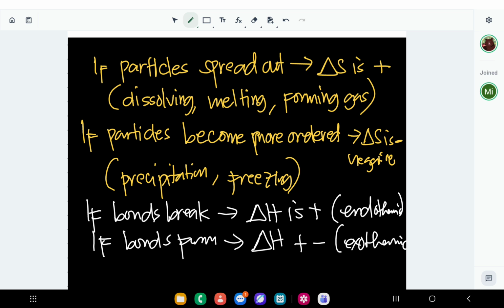But if the liquid freezes, from liquid to solid, this is opposite to melting. So delta S is less than 0 because it becomes compact, ordered. So delta S is negative. Then it releases heat. Therefore, delta H is also less than 0. Right? Okay. Can you go to the next page?